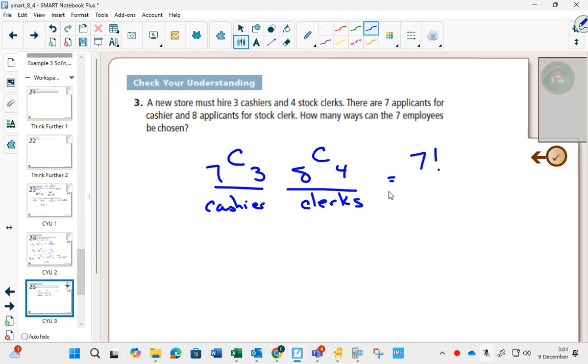Sometimes I've seen on exams where it's non-calculator and they write the answers like this. Can you see what I did? 7, choose 3. Can you do it now? You see this? Can you do it mental math?